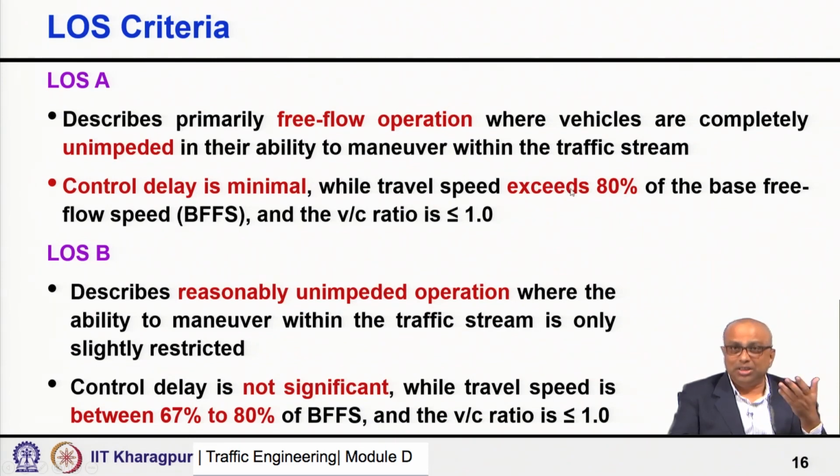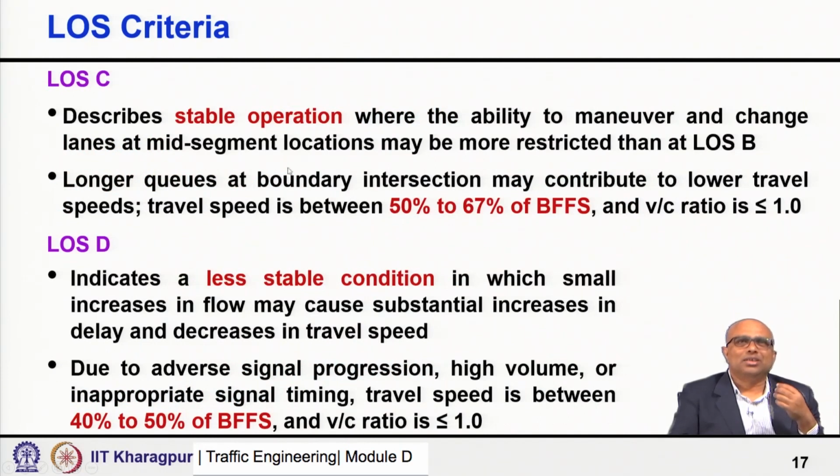Here it was more than 80%, here it is in the range of 67 to 80%, and V by C ratio as usual less than 1. LOS C: stable operation where the ability to maneuver and change lanes at mid segment locations may be more restricted than under LOS B, and here the travel speed is between 50 to 67% of BFFS and V by C ratio still less than 1.